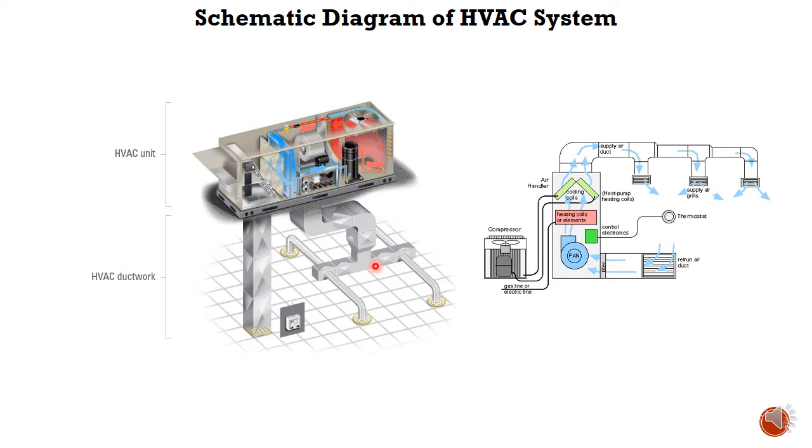But for other types of system, for example adsorption system, all the components will be different. There are refrigerant generator, for example, and so on. So I believe you can explore more on the types of HVAC system.